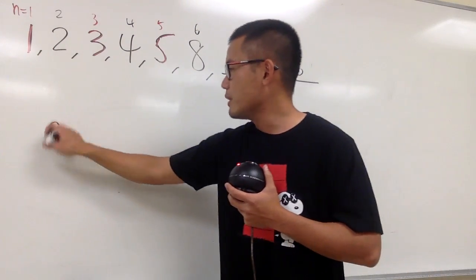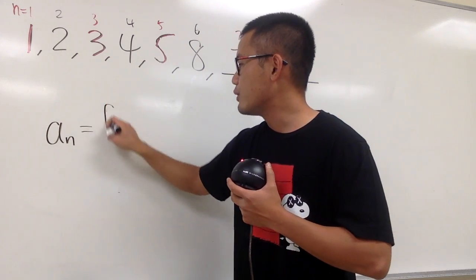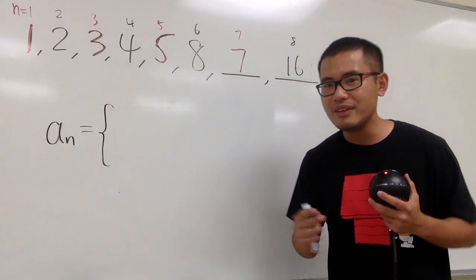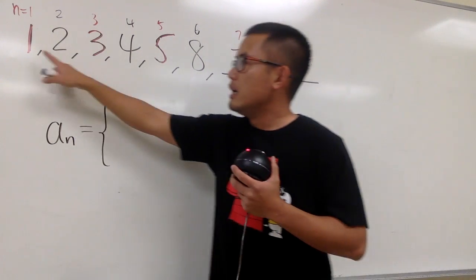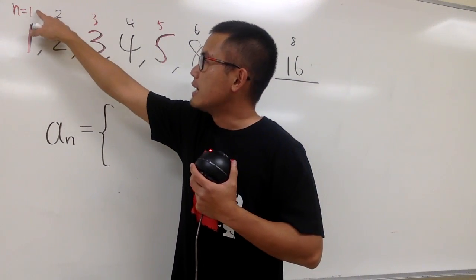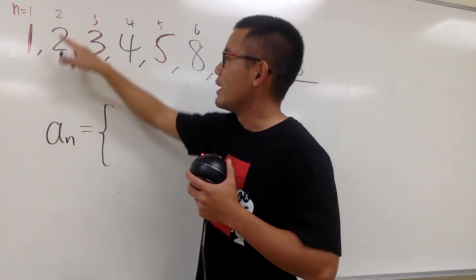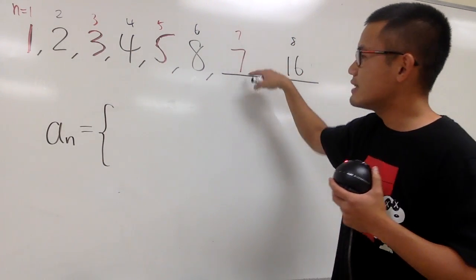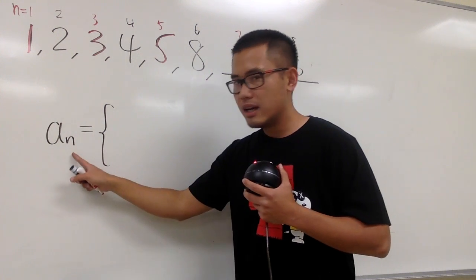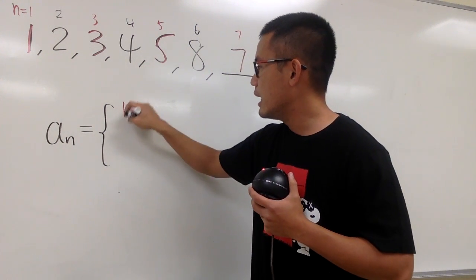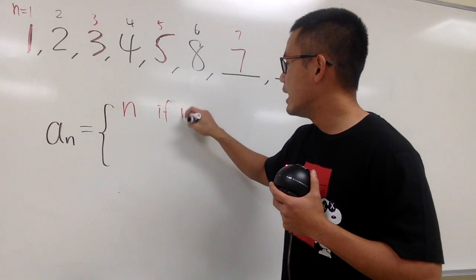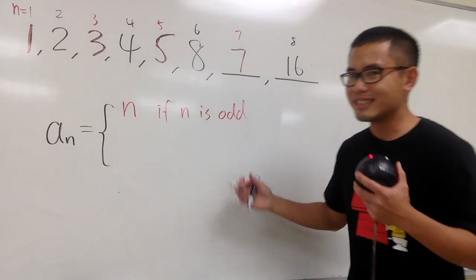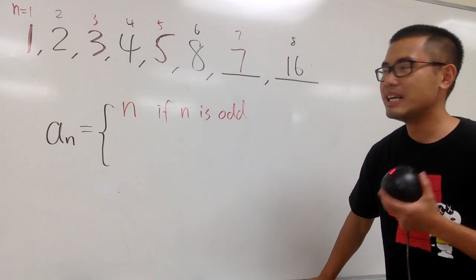Here, let me write down the formula for you guys, a_n, and we have to write it in 2 pieces because we have the odd number terms and also the even number terms. For the odd number terms, when n is odd, we get the same number. From 1, we get 1, from 3, we get 3, from 5, we get 5, and from 7, we get 7. So a_n is the same as just n if n is odd.